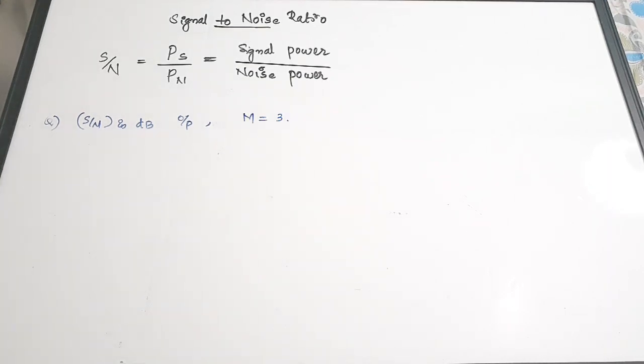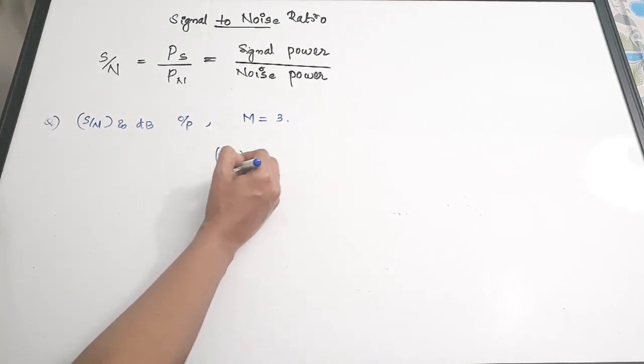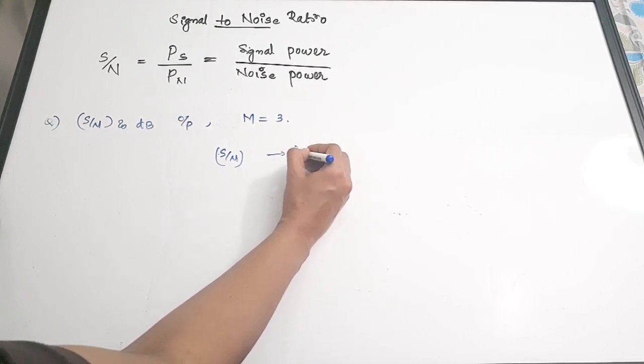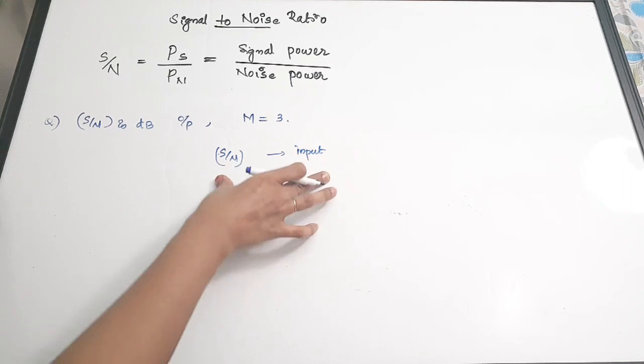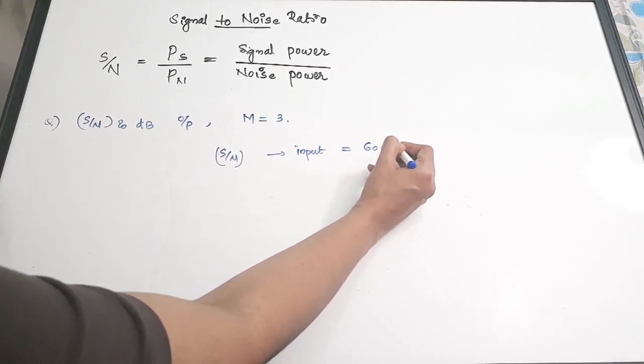Given that S by N for any one link is 60 dB. Okay. That is S by N for any one link, so we'll take it as S by N input. So the S by N for any one link is how much? 60 dB. So it is directly given in dB.